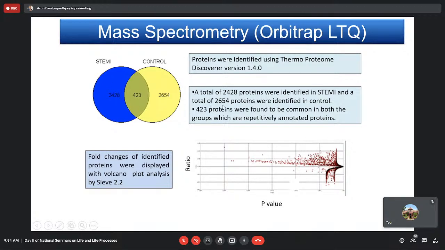These proteins are divided: 423 proteins are common to both groups, and 264 proteins are only in the control. These were further analyzed using Sieve for volcano plot analysis, so that you can see the distribution and the p-value of the proteins.